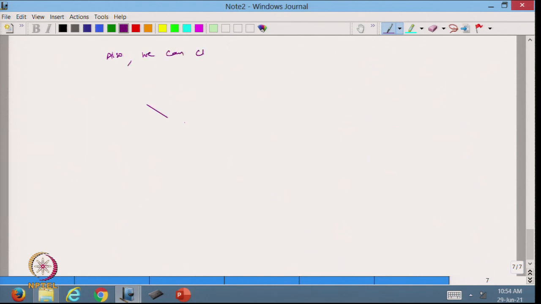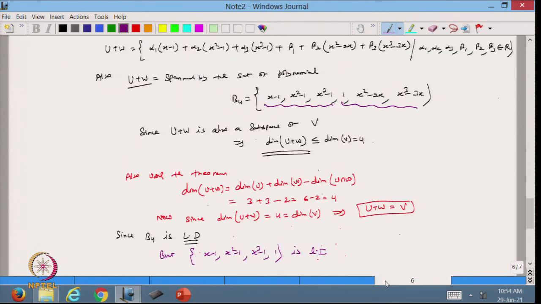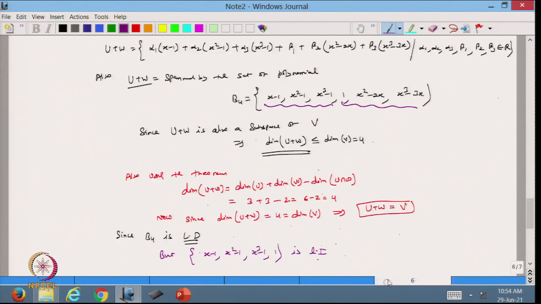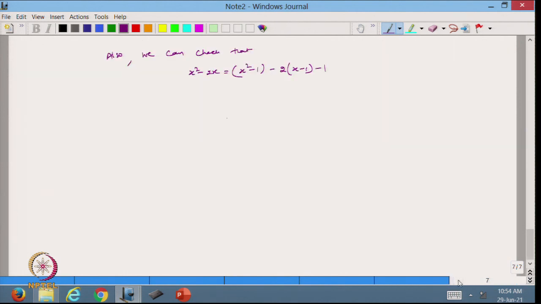We can also check that x square minus 2x can be written as x square minus 1 minus 2 times x minus 1, because x square, then minus 2x, and minus 1 plus 2 minus 1 will be 0.